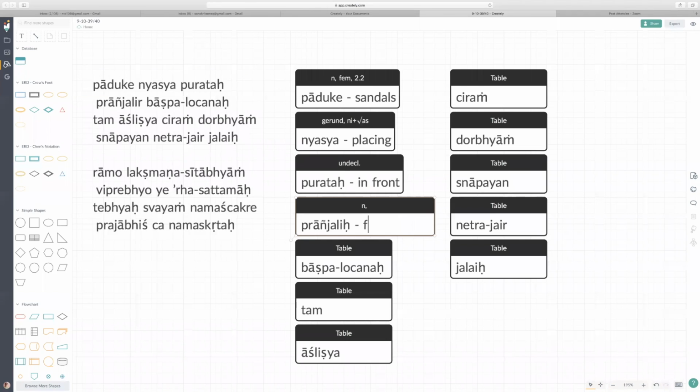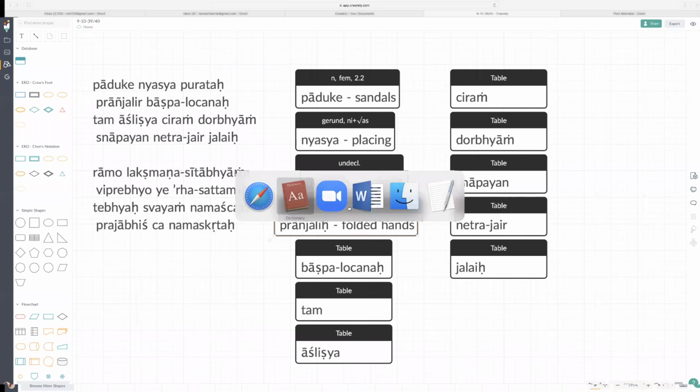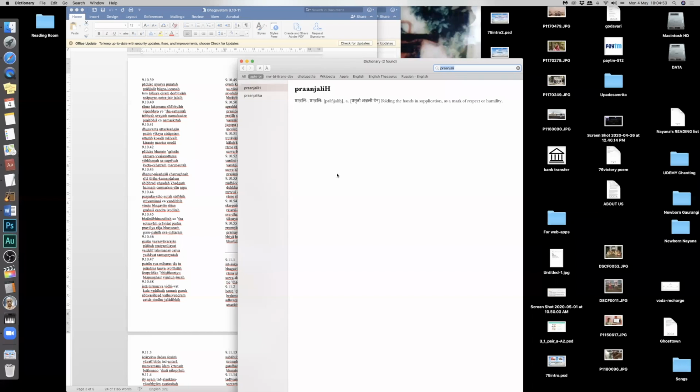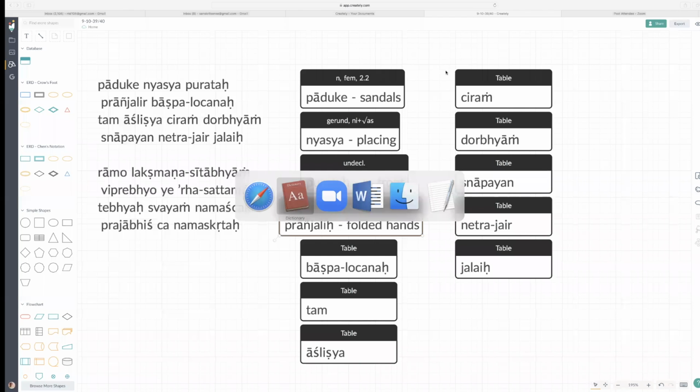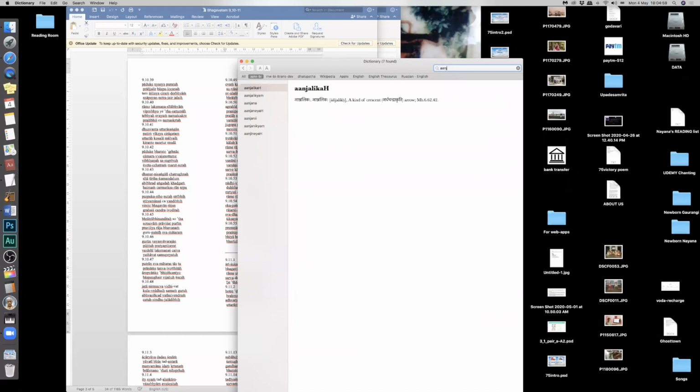So folded hands. Now let's think about the word Pranjali. It's a noun. Now what kind of noun? Can you tell me the gender? It's masculine. Well, actually, I have a feeling that Anjali is originally feminine, but let's see.